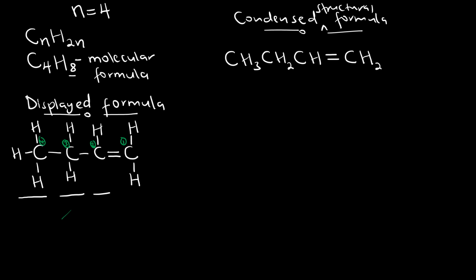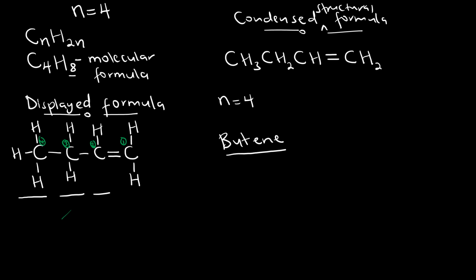And when naming this alkene, remember for n value is equal to 4, the prefix we use is but, while the suffix will always be ene. So this compound here will be known as butene, just like we had ethene, and now we have butene, we had propine, and so on.